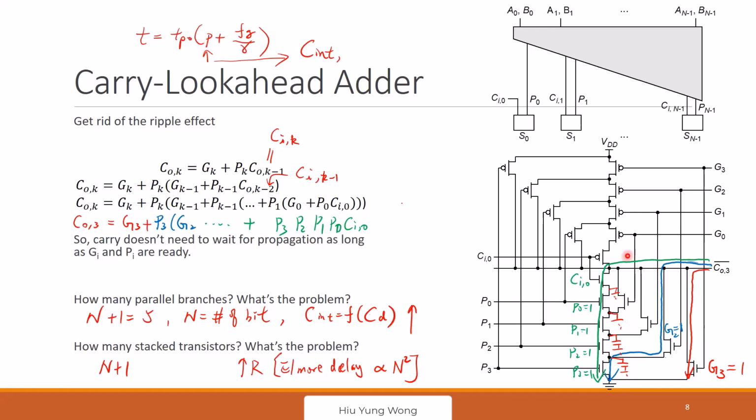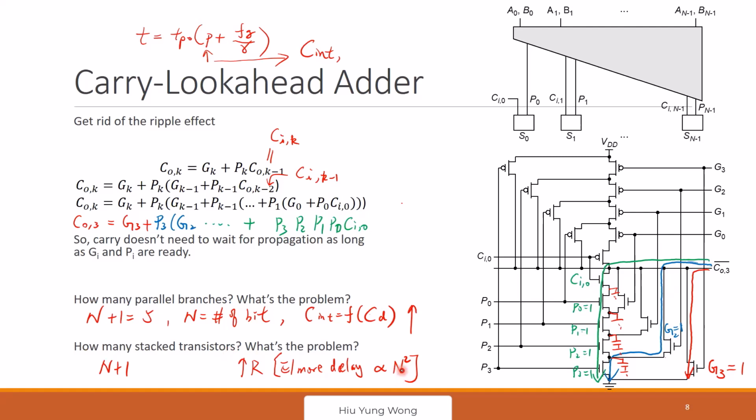If you size it so that it has the same resistance as an inverter, your drain capacitance is very large because you have n+1 transistors connected to the output. Similarly, you have n+1 transistors stacked, and that is very resistive. Remember the Elmore delay? It basically tells us that we have n square more delay.